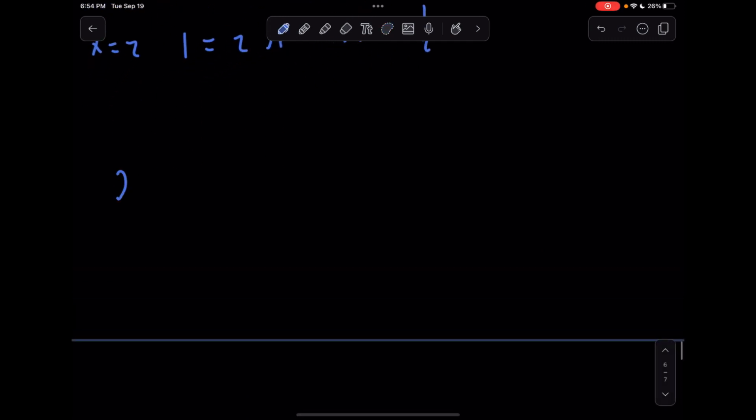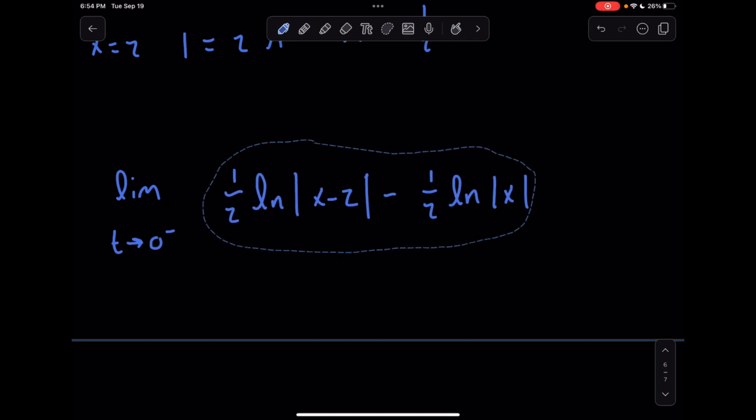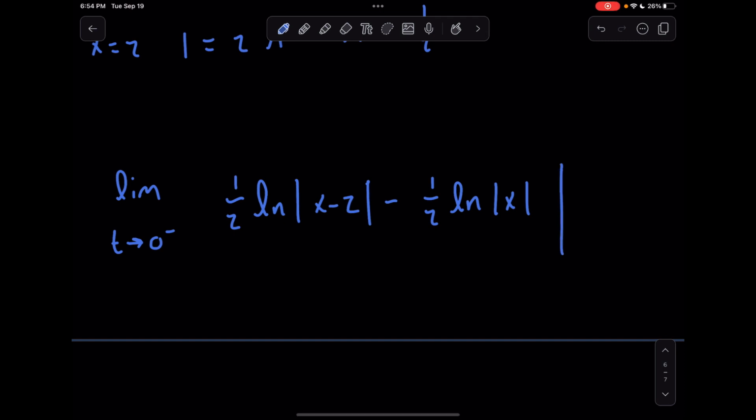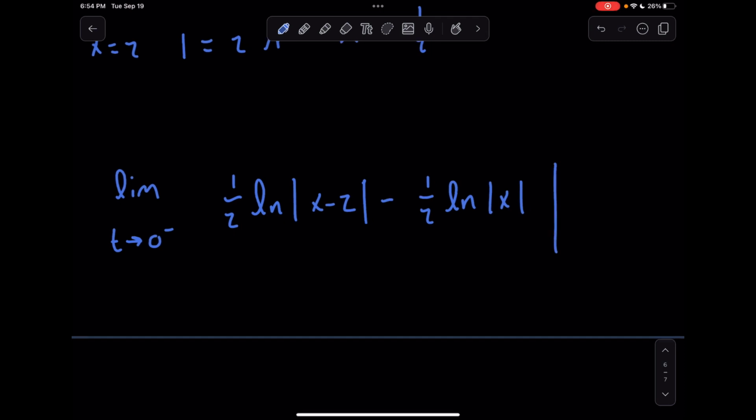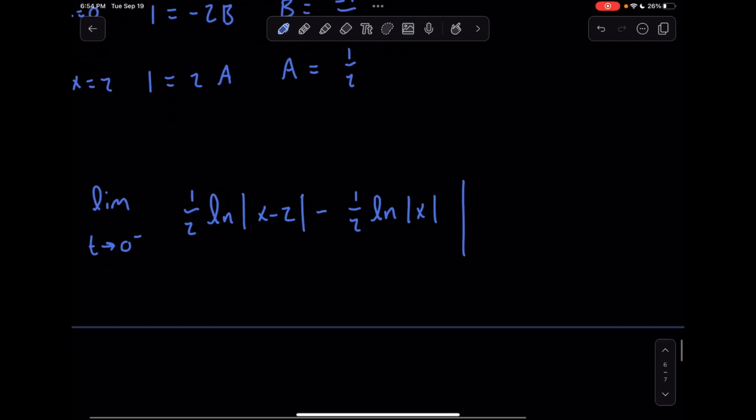So our first integral was the limit as t approaches 0 from the left of our result from -1 to t.